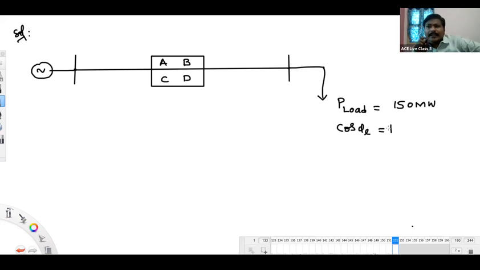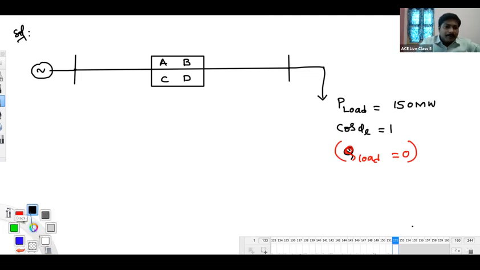If the power factor is unity, how much reactive power is this load going to draw? 0. As the power factor is unity, Q load is equal to 0.